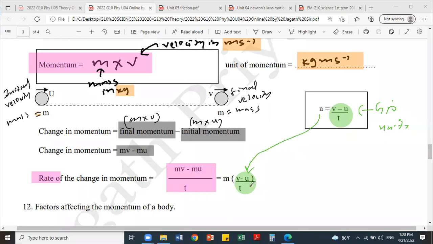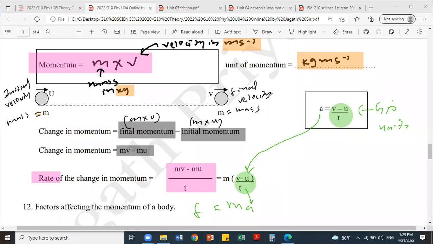So in place of this you can put ma, that is F equals ma. So you can relate this to Newton's second law, F equals ma, because v minus u over t is equal to acceleration. But no need to remember how to derive this. Derivation not necessary.